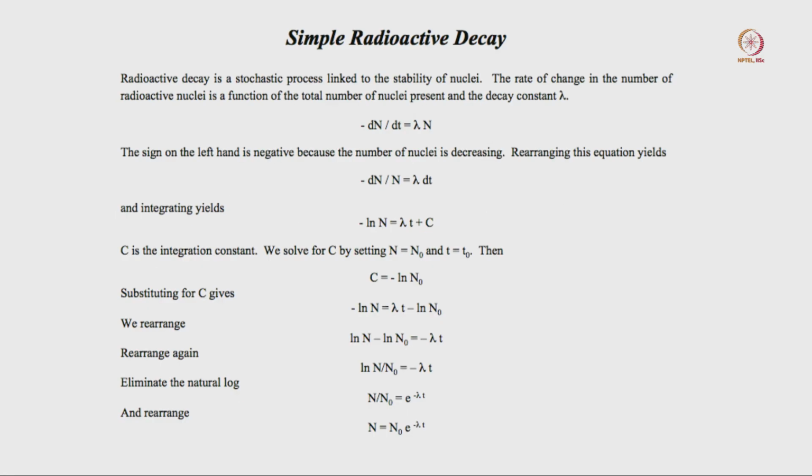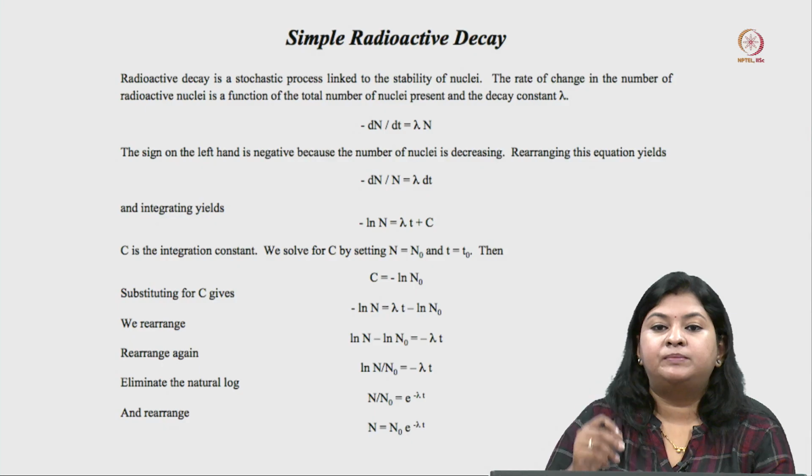In the previous lecture we learned about why the nucleus is not stable at some times, why radioactivity suddenly happens. Today let us see how to do dating calculations. So, simple radioactive decay, how do we calculate that? Radioactive decay is a stochastic process, that means it is the most probable process.